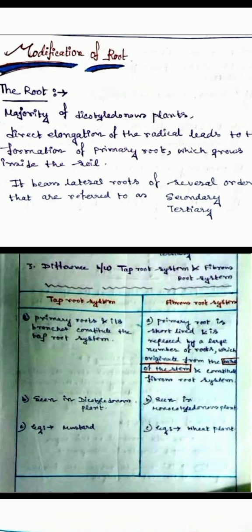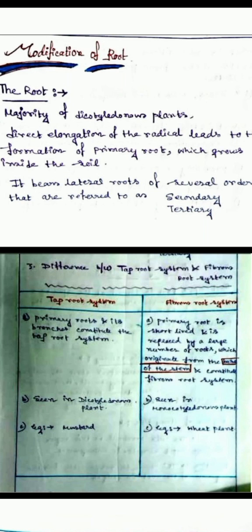I have highlighted the part, base of the stem, and constitute fibrous system. Now, point number B. Taproot system is seen in dicotyledonous plants, but fibrous root system is seen in monocotyledonous plants.